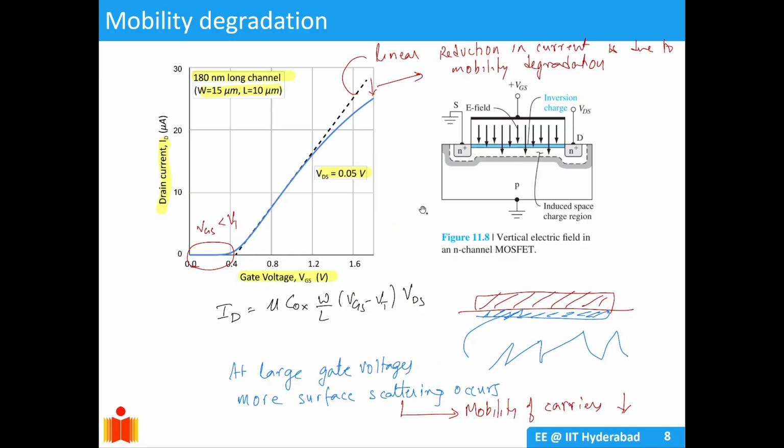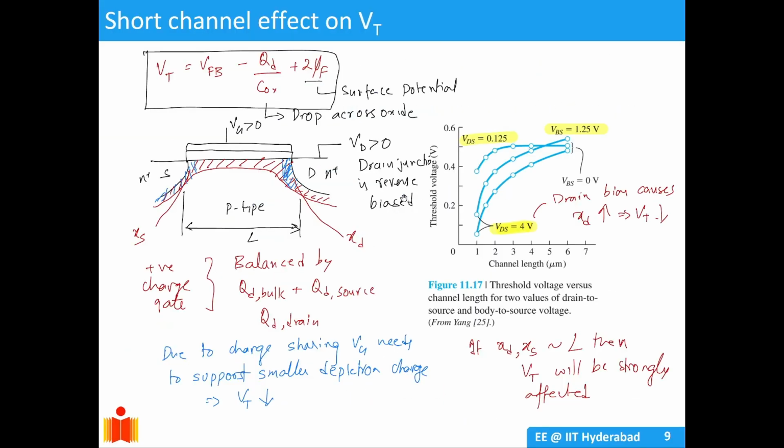Then we have mobility degradation. Next we come to short channel effect on VT.